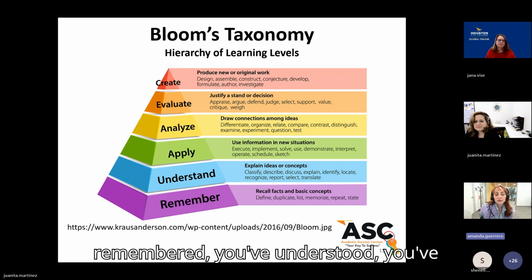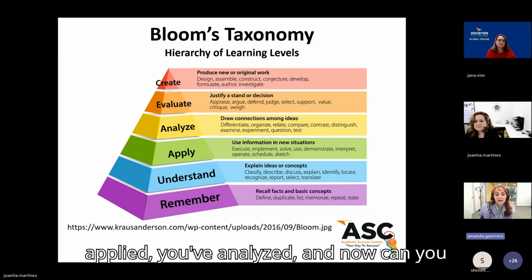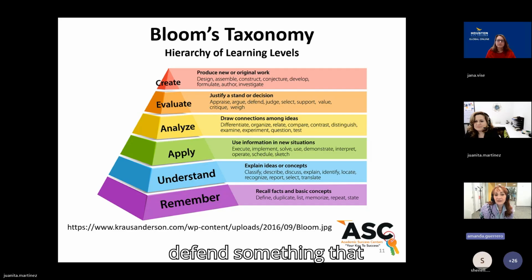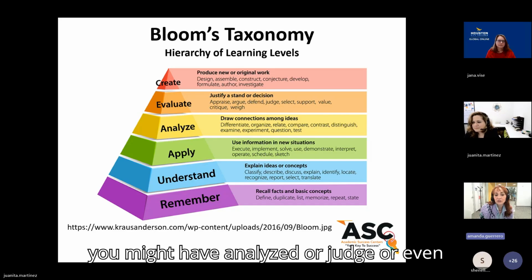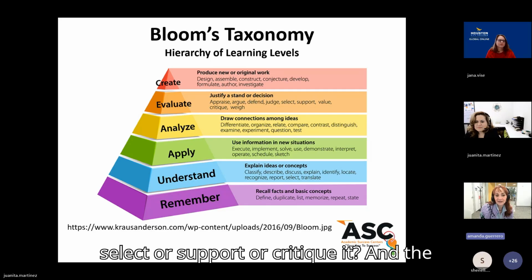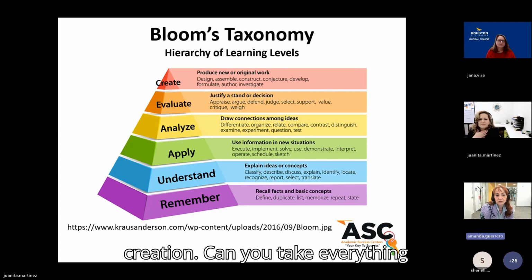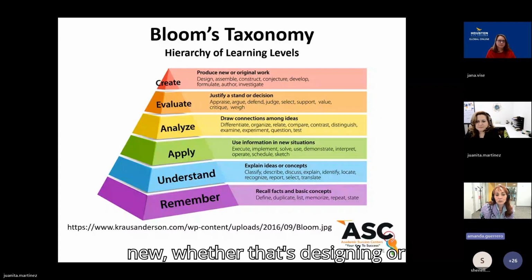So you've remembered, you've understood, you've applied, you've analyzed, and now can you evaluate? Can you justify a stand or a decision? Can you argue or defend something that you might have analyzed, or judge, or even select, your support or critique it? And the last level of Bloom's taxonomy is the creation. Can you take everything that you've learned and produce something new?